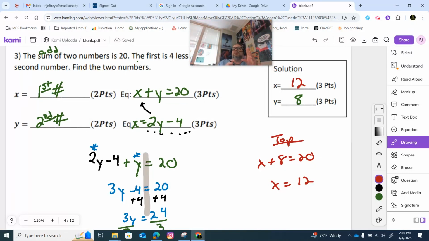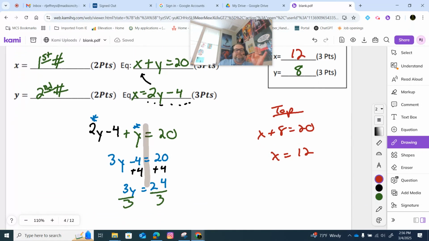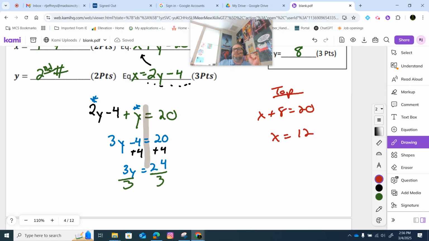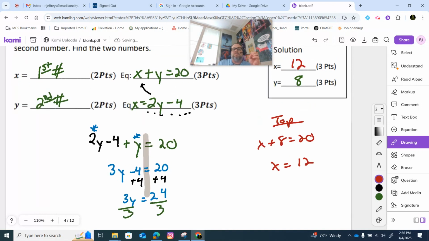Because number one, it's word problems. Number two, spring break is right around the corner, at the end of the week. I told you I'm ready to get out too. I need to recharge my batteries. I need to be outside. I need to do stuff that's not here. I need to be around people that if they don't listen, I can actually fire them or take money off their paycheck.